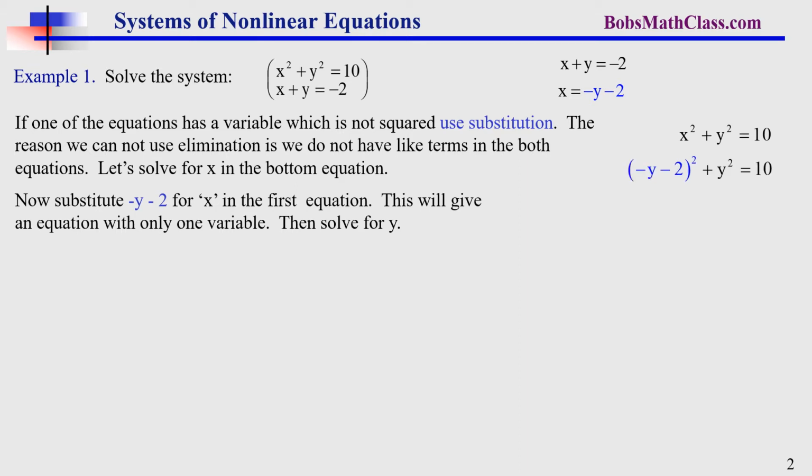So that's negative y minus 2 squared plus y squared equals 10. The negative y minus 2 squared, write that out twice, and then FOIL. Then you're going to add like terms, bring the 10 over to the left-hand side, factor, and you're going to get two solutions. So you might want to try to pause the video and work it out.